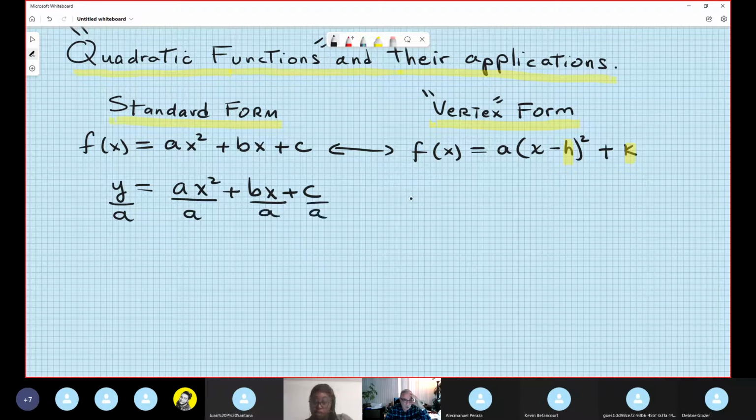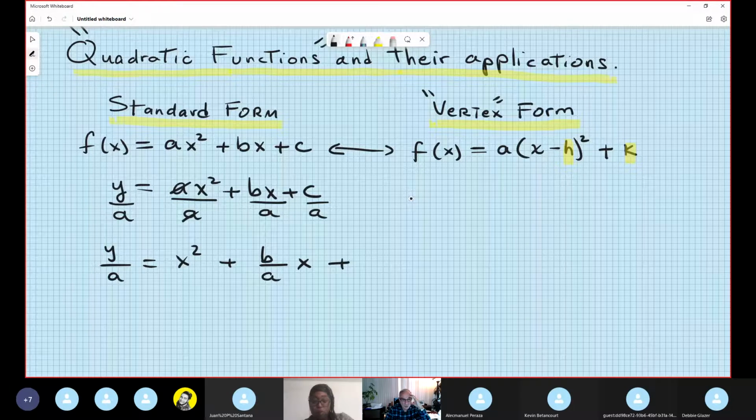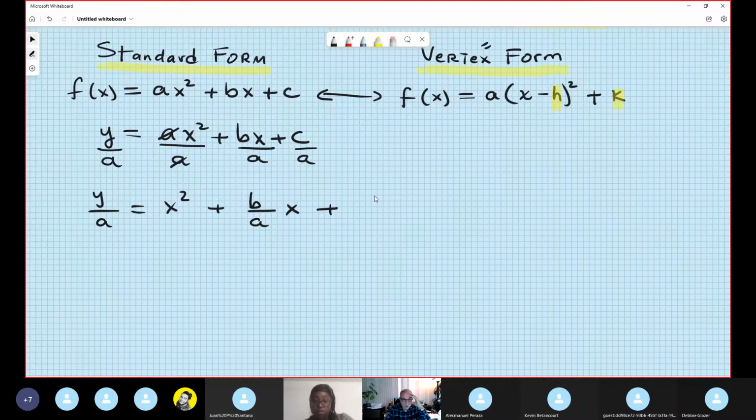So you divide everything by a: y over a is equal to x squared, because a is cancelled, no? Plus b divided by a times x, plus c over a, but no, because I want to complete the square with the magic number.